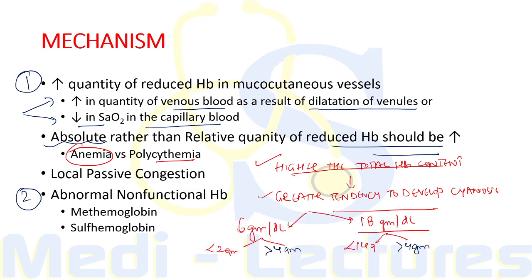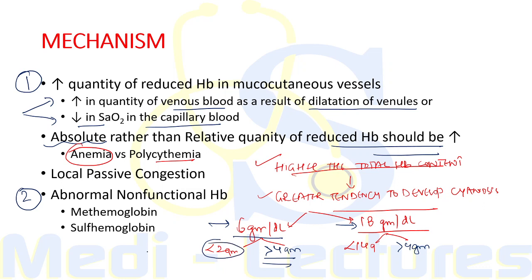So if we take an example of an anemic patient with hemoglobin 6 gram per deciliter and a polycythemic patient with hemoglobin 18 gram per deciliter. Now, to be considered as cyanotic, this patient of anemia should have at least more than 4 gram per deciliter of reduced hemoglobin. So the hemoglobin which is actually carrying oxygen is only less than 2 gram.